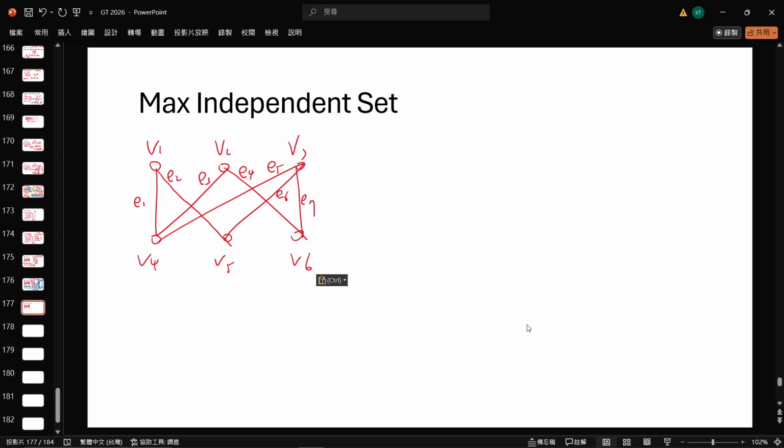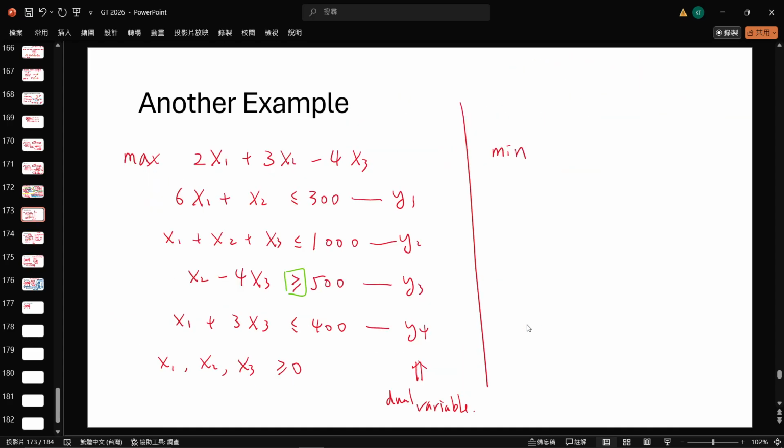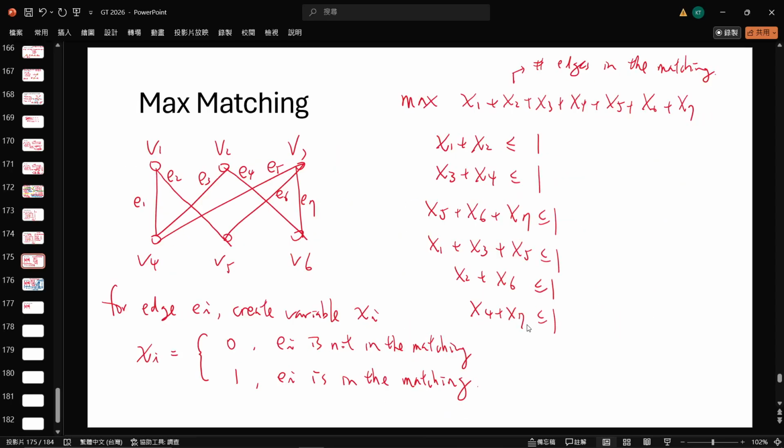By the way, these problems are called integer linear programs, okay? You can see that all the variables must take integer values, and we have linear constraints.